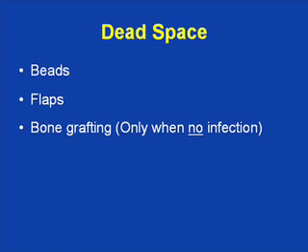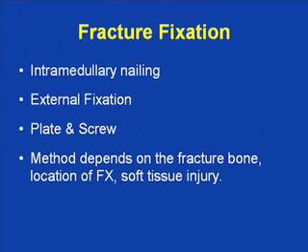So bone grafting cannot be done early, because once bone grafting is done, they need hardware, and they can't do it until later. There are ways of fixing fractures: for open fractures, or sometimes for closed fractures, you can put intramedullary rods.